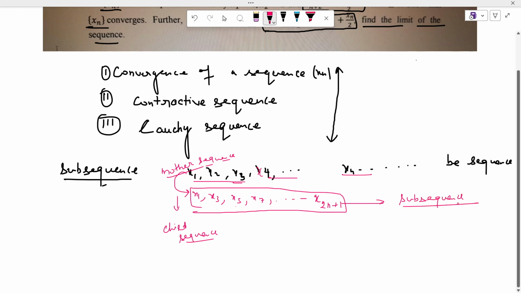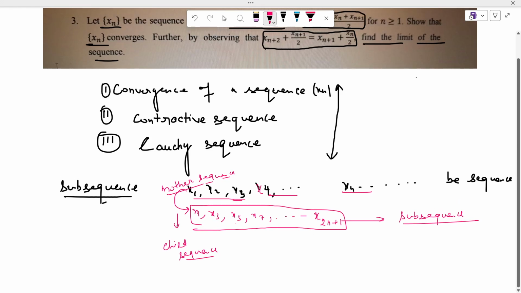Okay. So I hope you are familiar with convergence of a sequence, contractive sequence, and Cauchy sequence, and the result: every contractive sequence is a Cauchy sequence, and every Cauchy sequence is a convergent sequence. The converse need not be true.